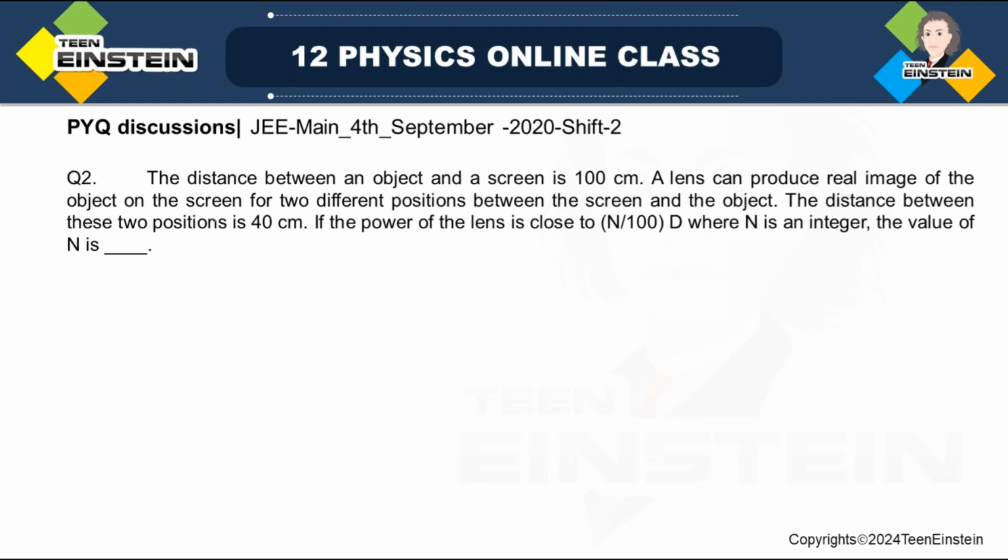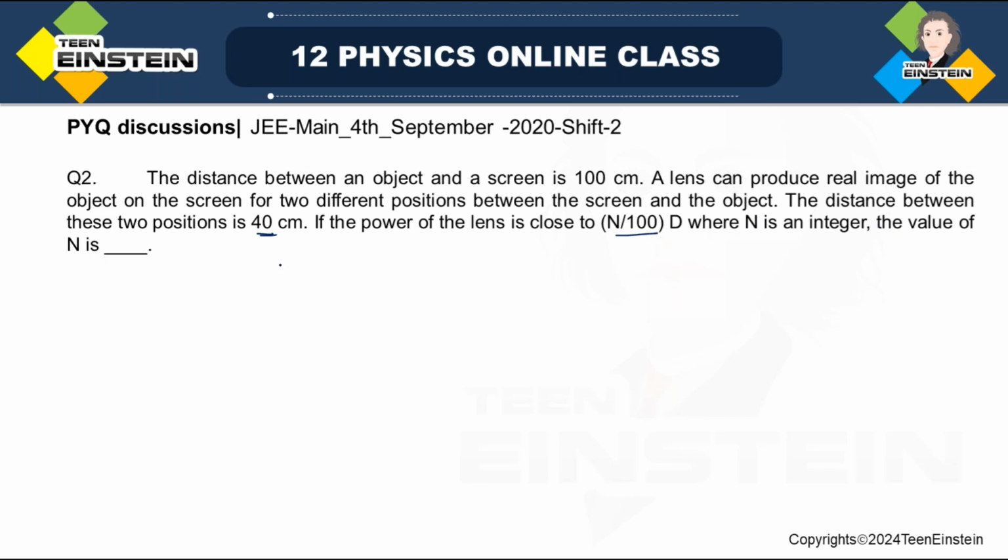The distance between these two positions is 40 centimeter. If the power of the lens is close to N by 100 diopter, where N is an integer, the value of capital N is dash. You have to find the value of capital N.